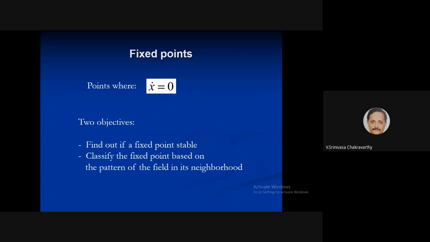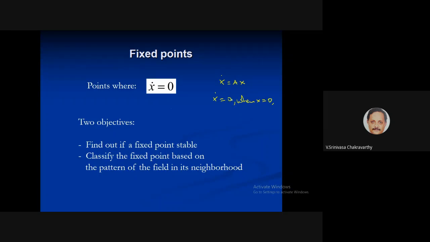Here in this case the fixed point is the origin. Because if x dot is equal to Ax, then x dot is equal to 0 when x equals 0. But even if x is not 0, x dot can be 0.